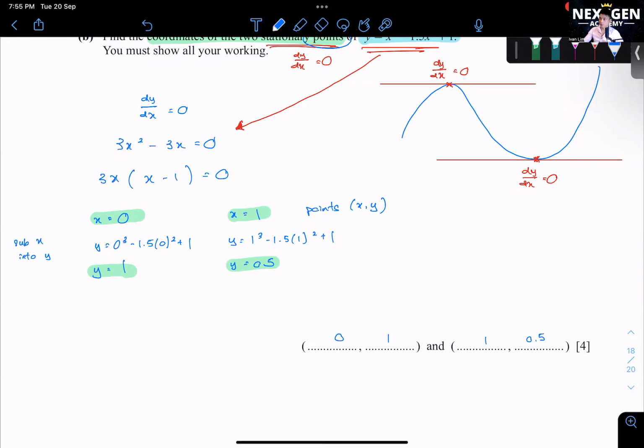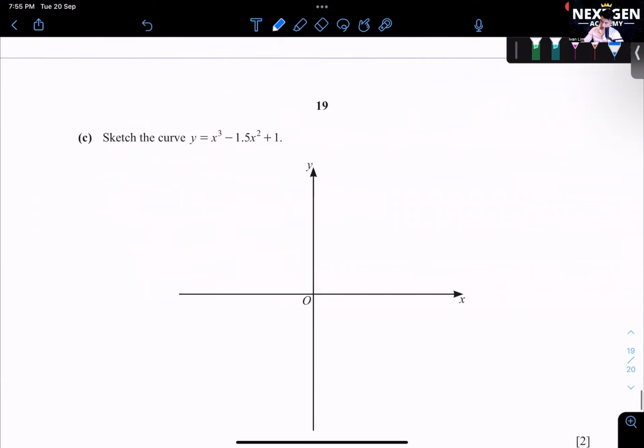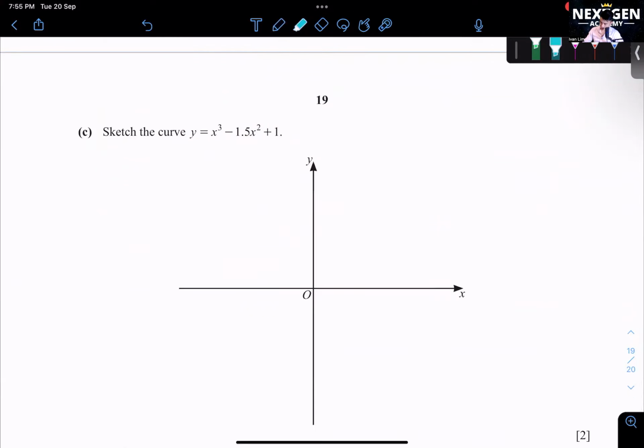Okay, last one. Sketch the curve y equals x cubed minus 1.5x squared plus 1. If you watch back over here, it's a cubic equation. The easy way to remember is: suffer now, enjoy later. The philosophy of life, right?